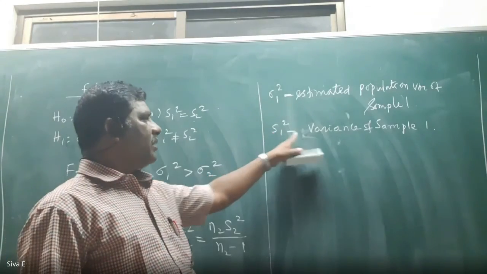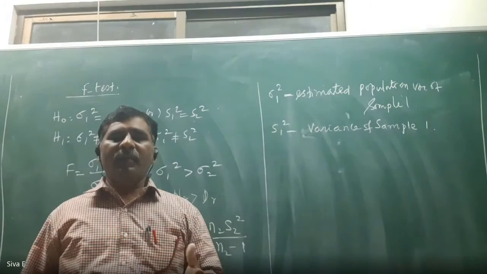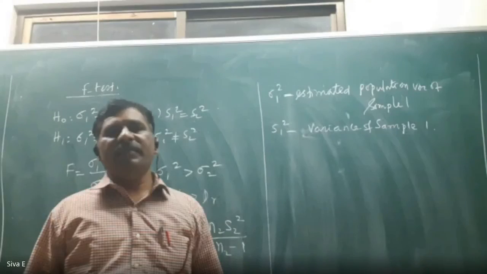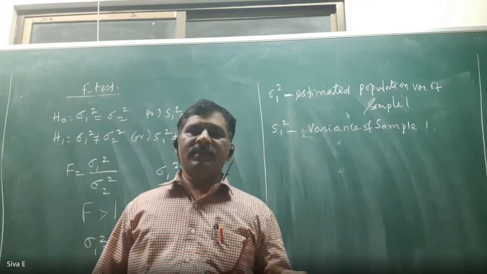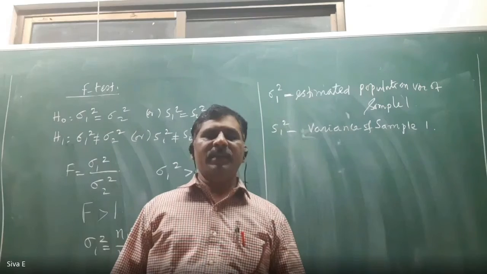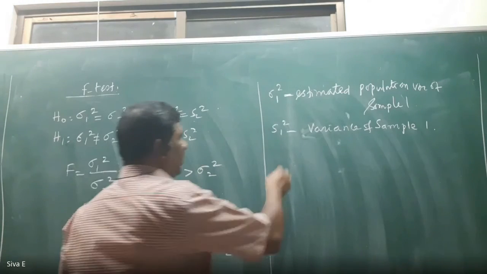S1 square is the variance of sample 1. You have to see in the problem whether the estimated variance or the sample variance is given. That is given in the problem itself.